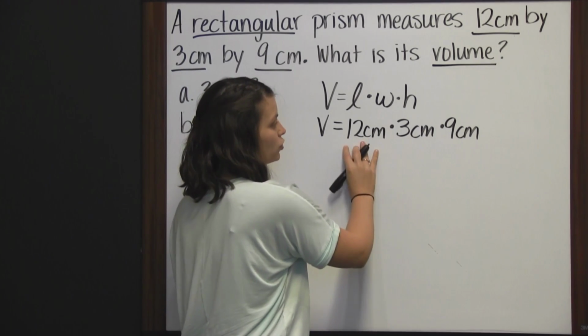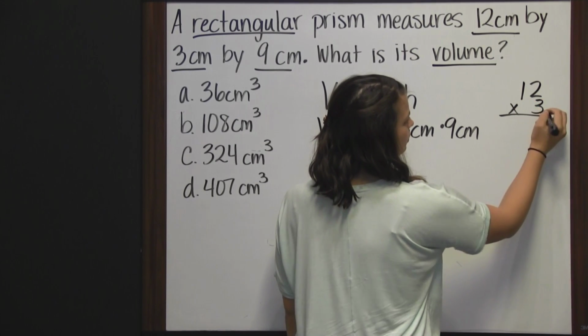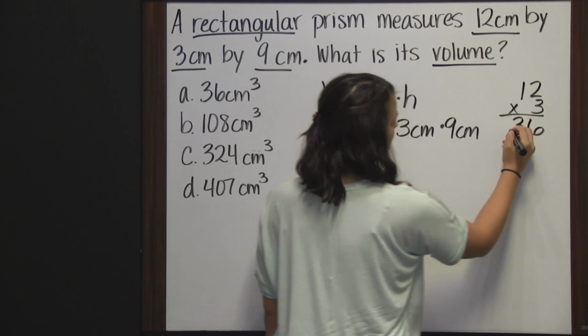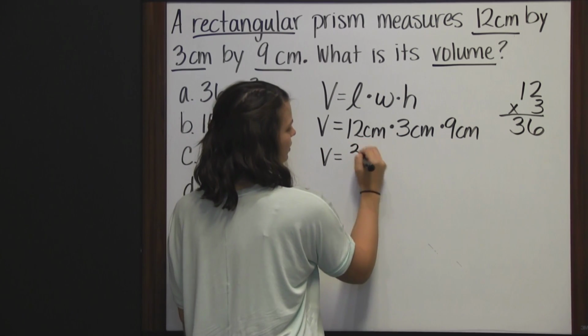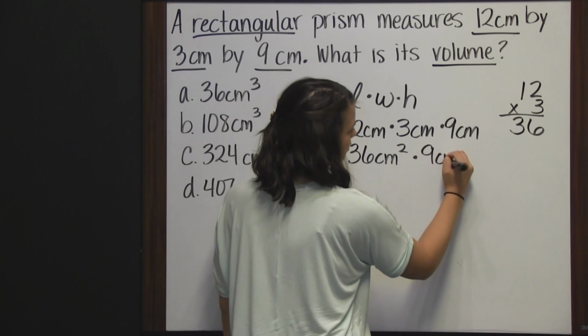And it's up to you which two you choose to multiply together first. You could start with 12 times 3. 3 times 2 is 6. And 3 times 1 is 3. So 12 centimeters times 3 centimeters is 36 centimeters squared times 9 centimeters.